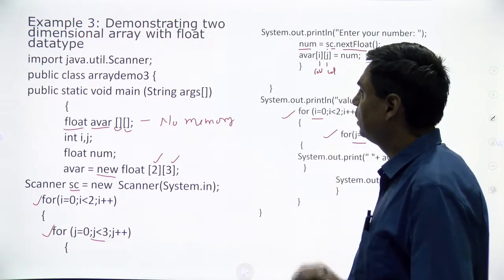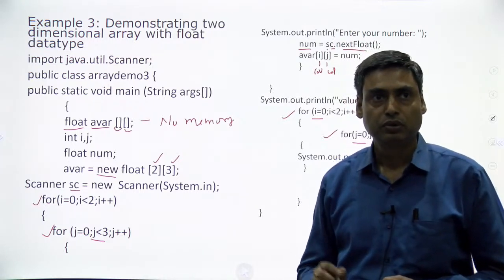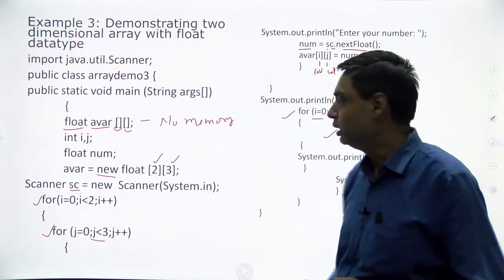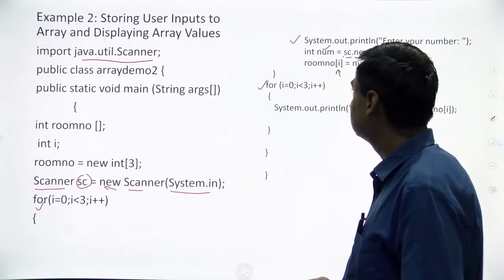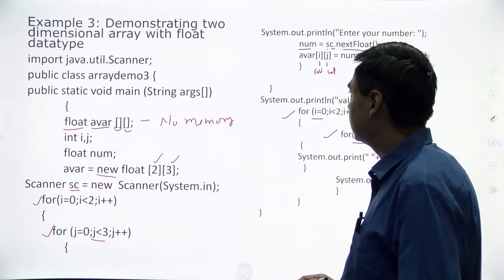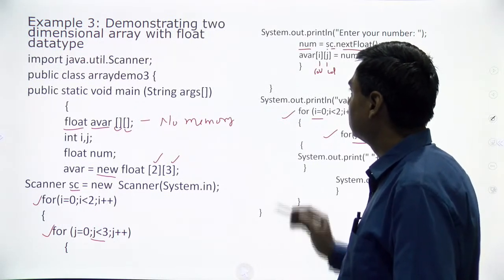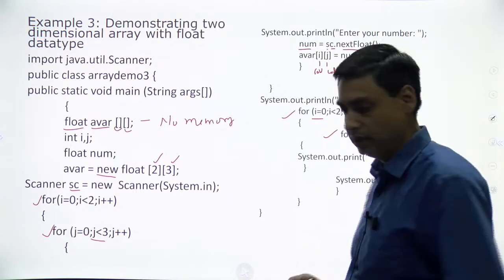So this example demonstrates how you will create a two-dimensional array. Now I am running these two programs. This is the first program I am running, how you will get the value from the user. Second, I am going to run the program. This is how you will work on a two-dimensional array.